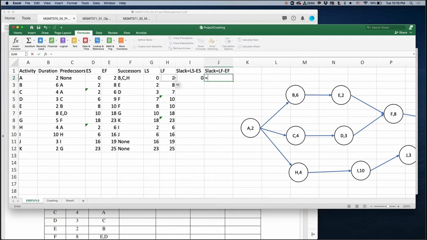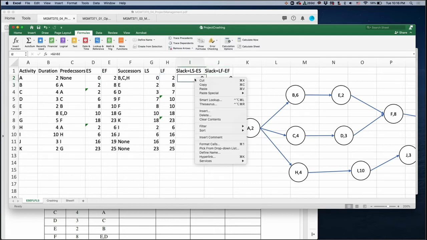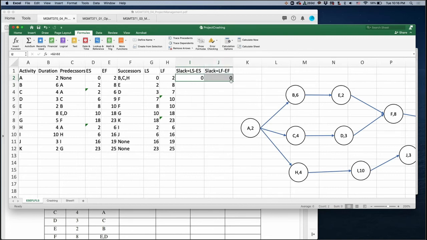finish time. I want to change J's LF. Actually, the longest time will be 25. So for J also, I will change LF to 25. So I will change this number.